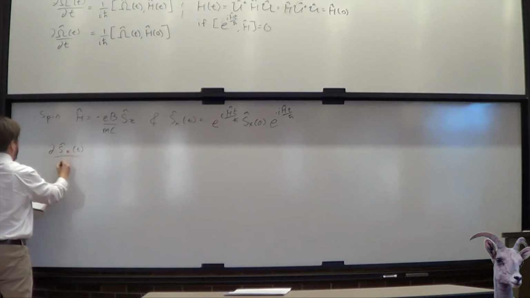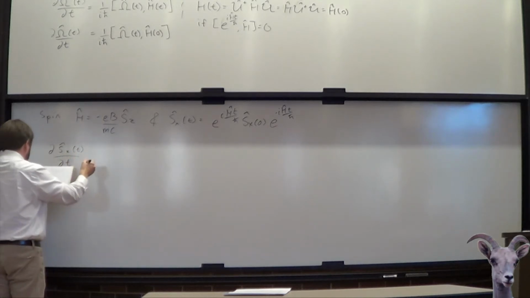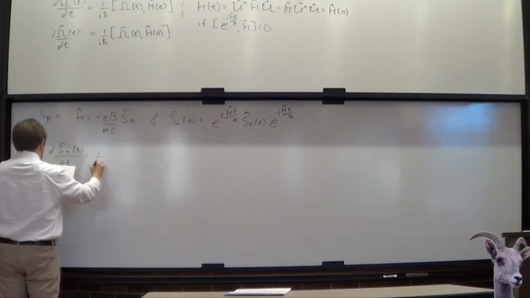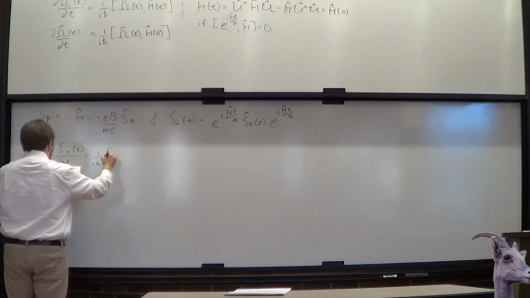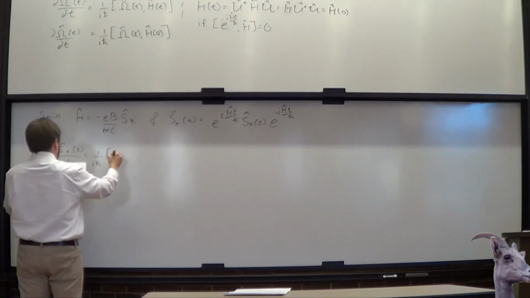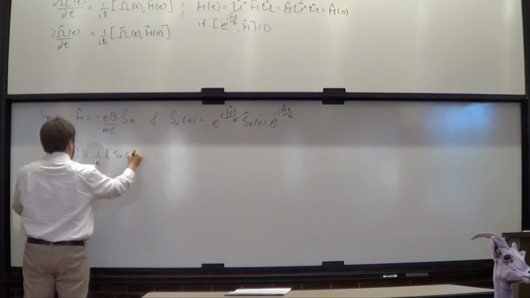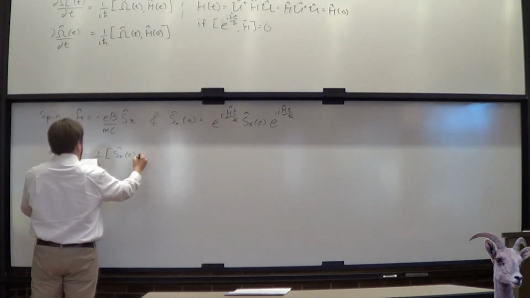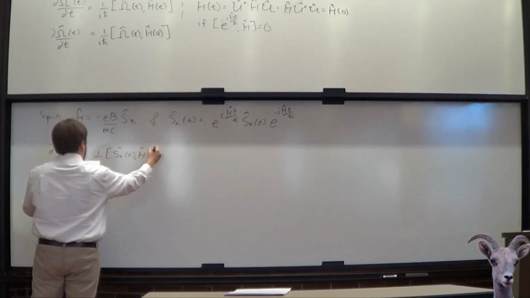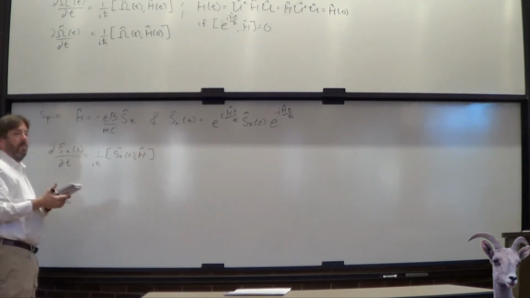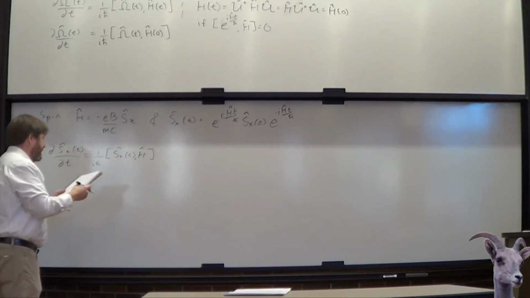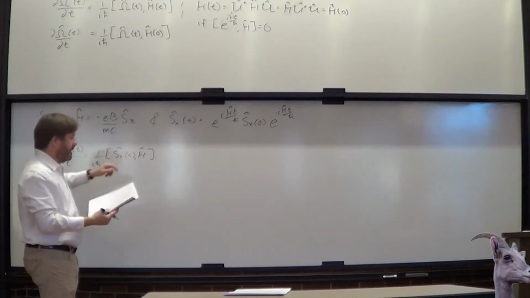So I'm solving for the change in the x operator over time, and it's 1 over i h bar commutator of Sx of time. Again, there's my problem. I need to know the commutator, and I'm assuming that the Hamiltonian is time independent, which it is. I don't see time in here, so it's time independent.